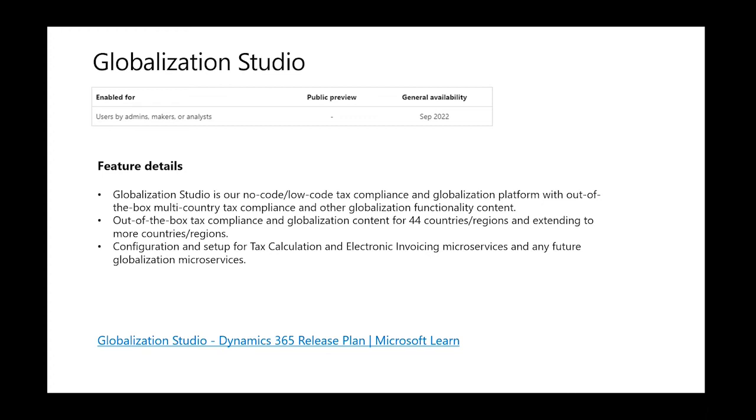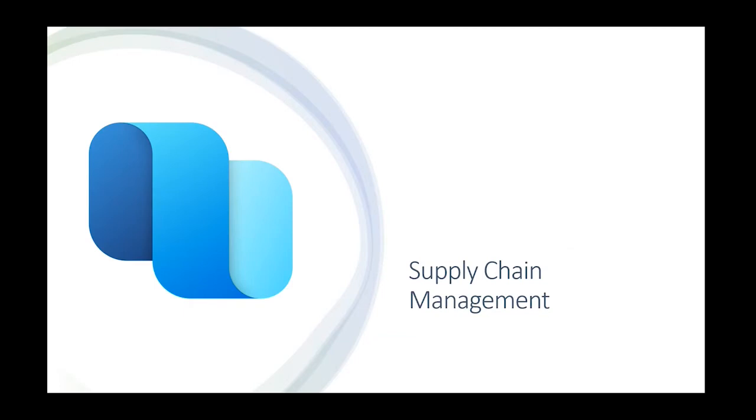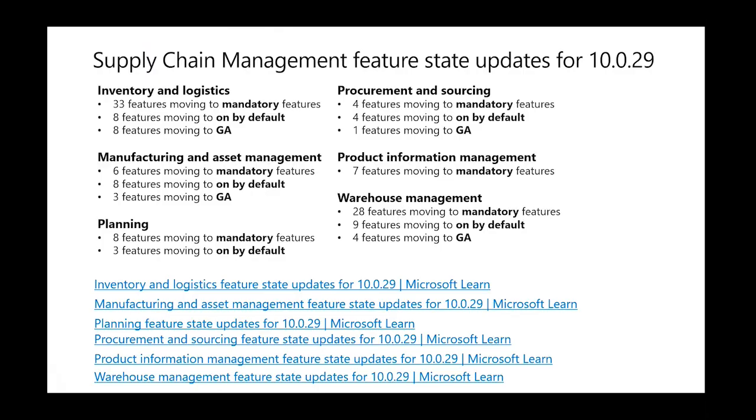Okay. In the supply chain management area, a couple of callouts here related to the 10.0.29 release. When you update to this release, you'll see a number of different features move from one state to another. Just to go through that, we have a few different states that a feature can be in. Once it moves out of preview, it moves into general availability.